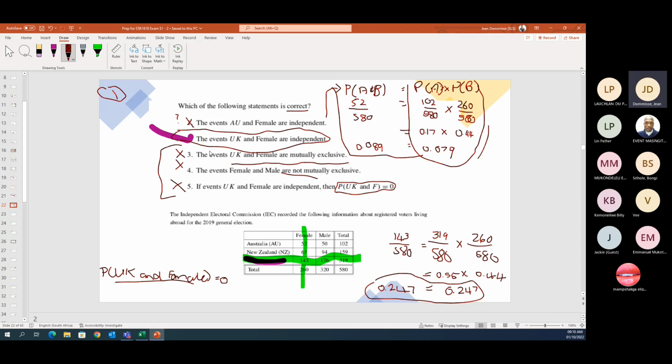They will ask you a question about mutual exclusivity and independence. It might be only one of them. It might be that both are in the same question. It might even be that it is two separate questions, but you will get something on this as part of the probability questions.